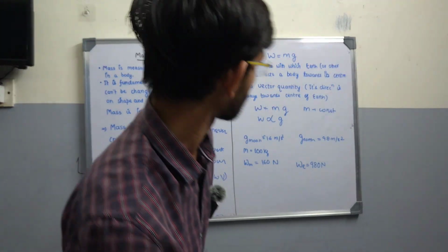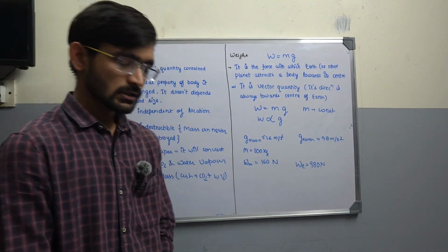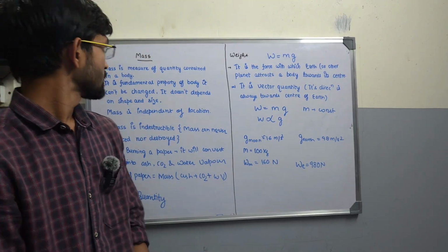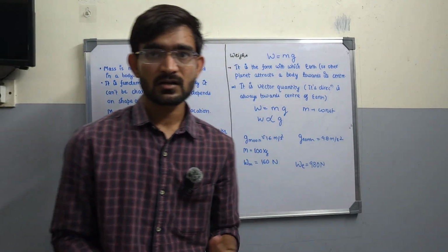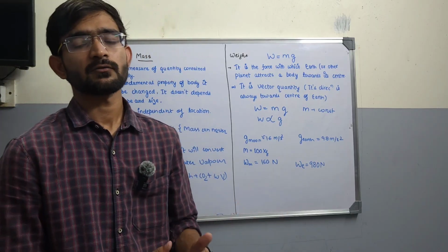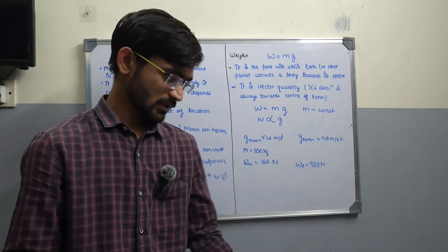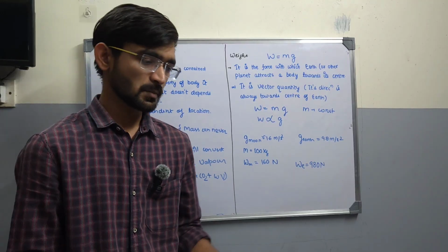Now we will discuss mass and weight. So what is mass? Mass is basically the amount of matter contained in a body. Everything is made up of atoms and every atom has a finite atomic mass. So it depends on that.